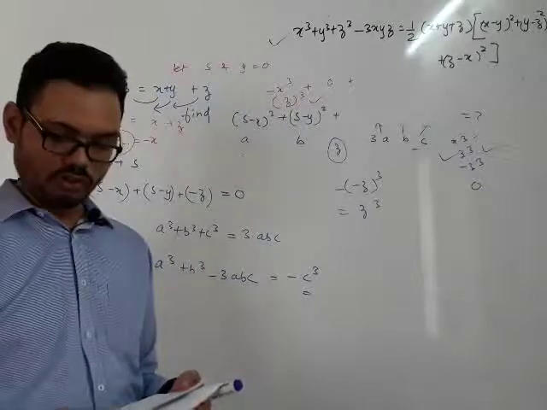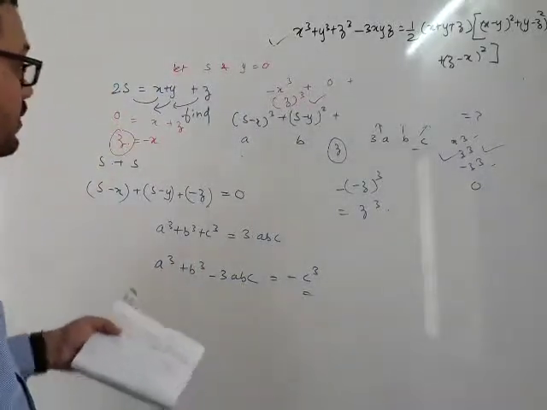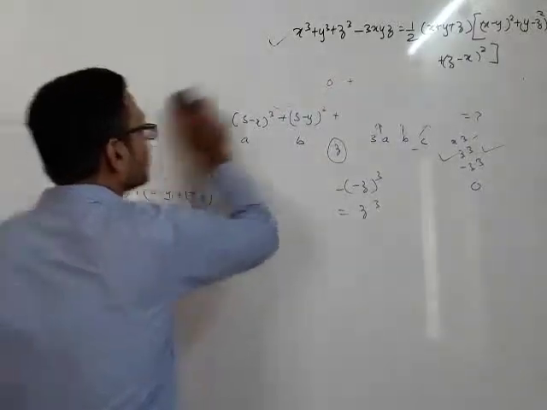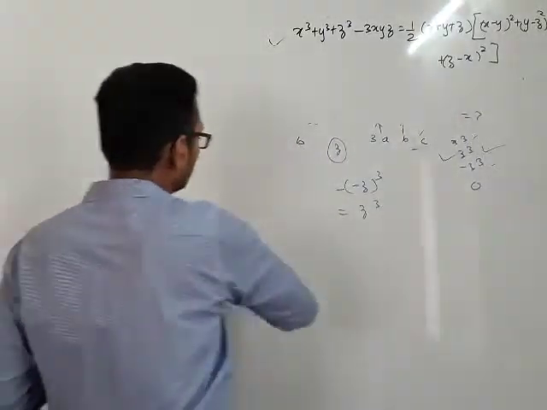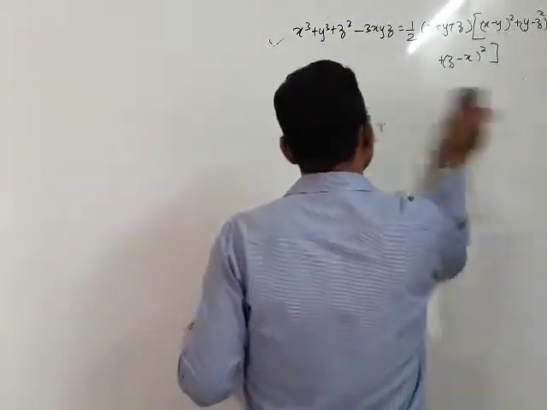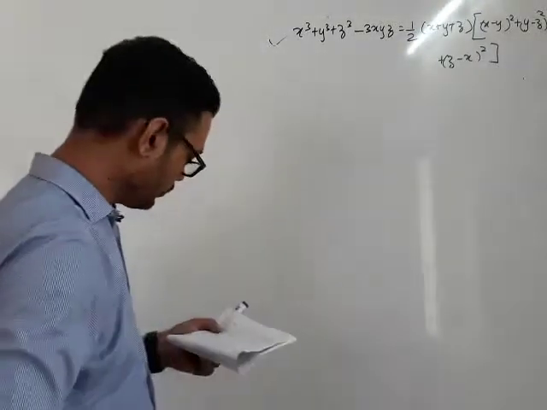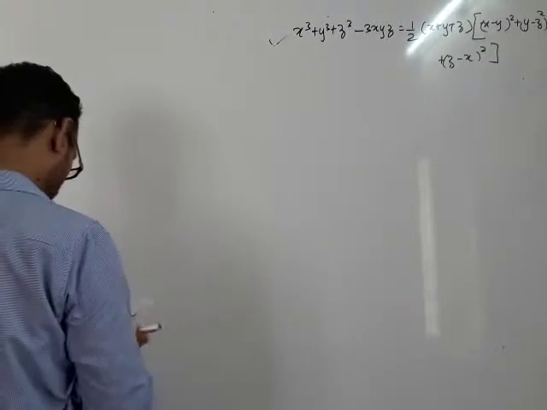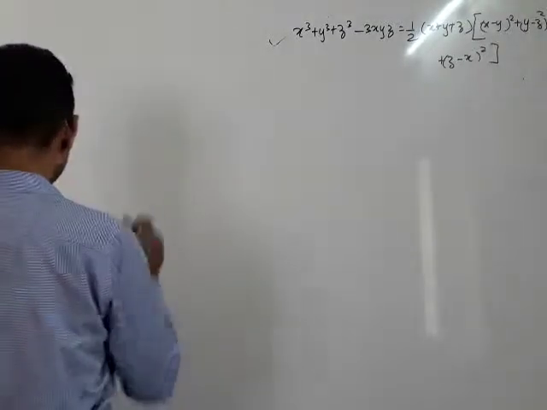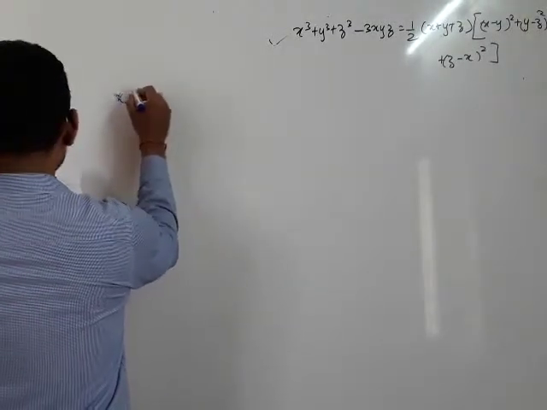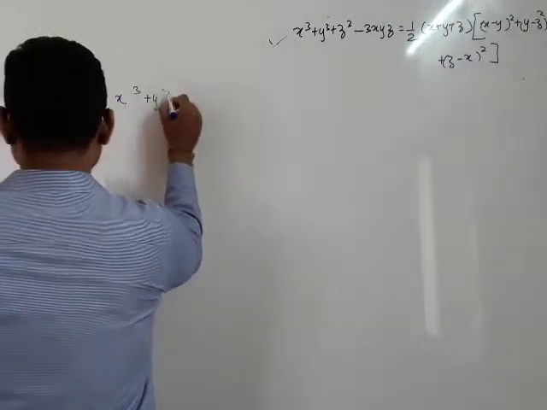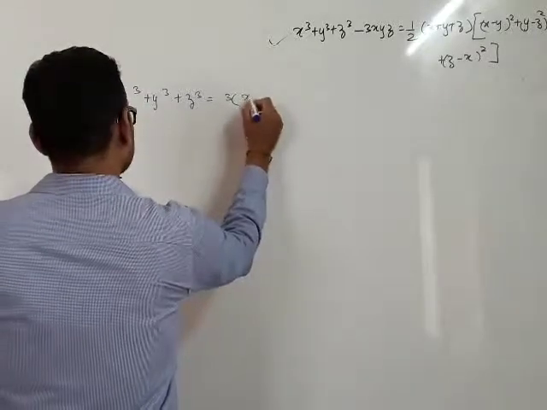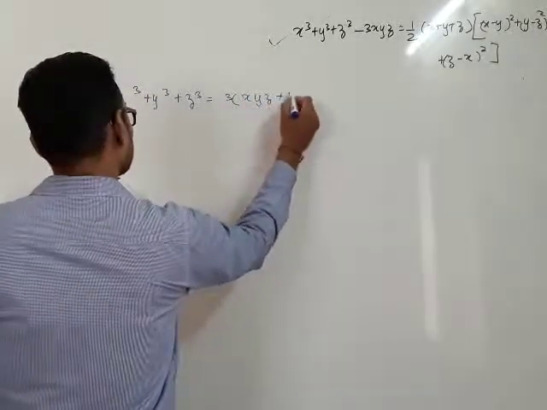The last sum of this topic of the same type, I will leave it up to you all. x cube plus y cube plus z cube is given as thrice of xyz plus 1.